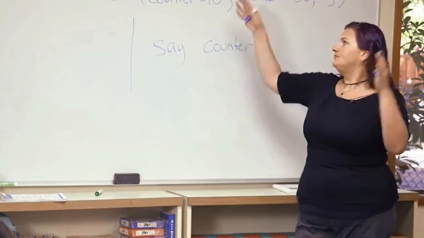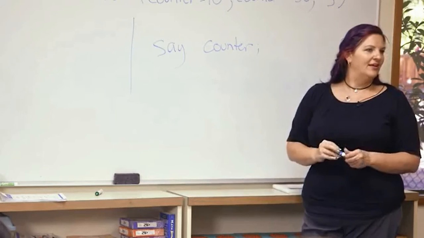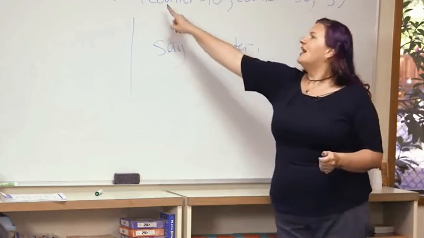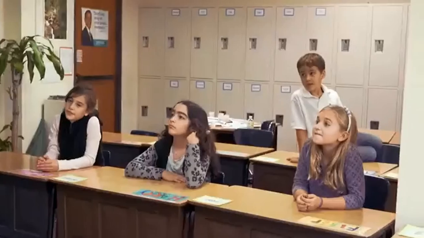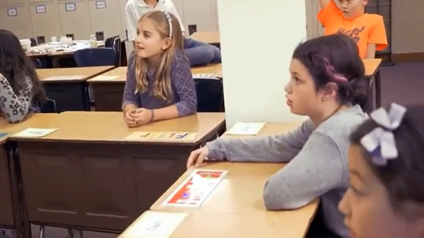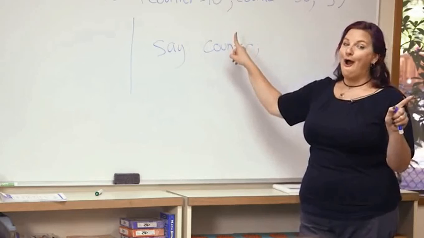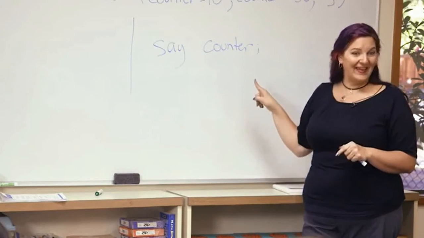Go ahead and shout it out. 5, 10. Oh, wait, where are we starting? Oh, 15. Okay. No, the first time through, we're going to say 10, and then the second time through, 15, and then 20, 25, 30, 35. Oh, where do we stop? 30. There you go. Okay?